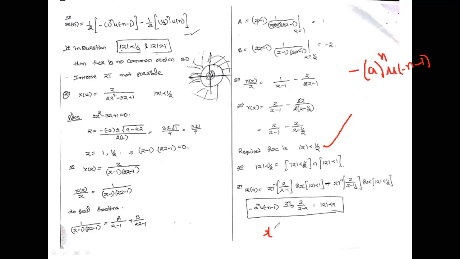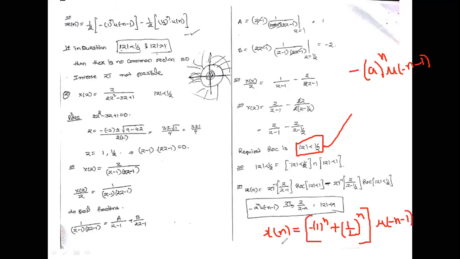So you can get the equation x of n when it is less than ROC. Irrespective of value, if it is less than, both the functions you can write in the left hand side. The first function is a 1, so minus of 1 power n. Already we have the minus there, minus into minus is a plus, and 1 by 2 whole power n, whole multiplied with the mu of minus n minus 1.